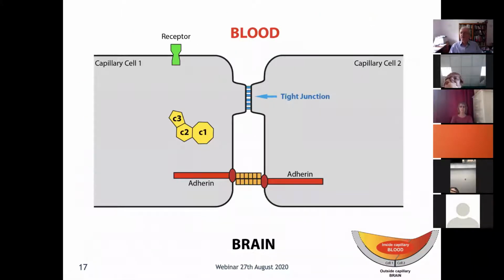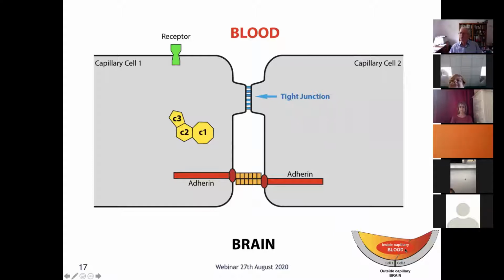Now, this is where the talk today starts and differs from last week. What this slide shows, down at the bottom right here, is a cross section through the blood capillary. So you have to imagine that it goes all the way around in a tube, and the inside contains blood.